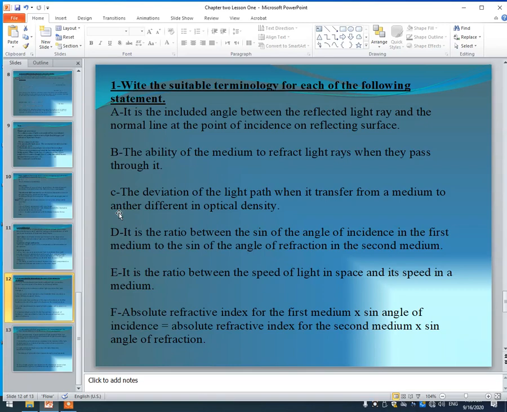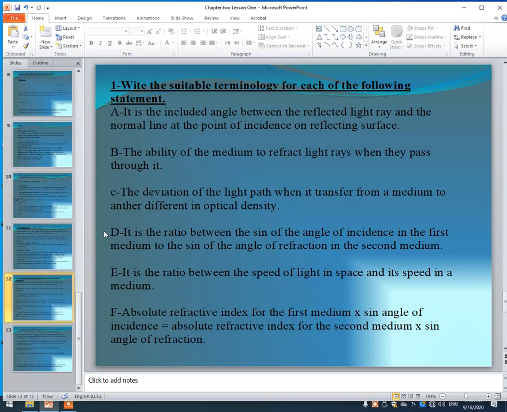Number D, it's the ratio between the sine of the angle of incidence in the first medium to the sine of the angle of refraction in the second medium. This means sine phi over sine theta. What is sine phi over sine theta?